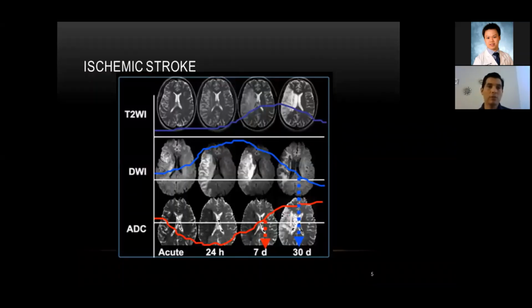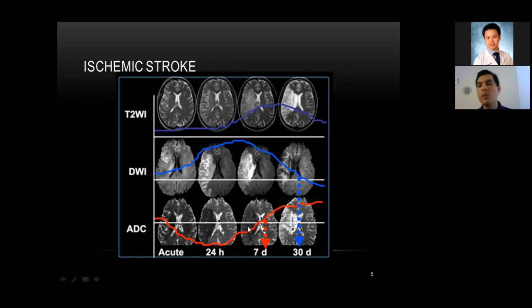In case of ischemic stroke, we have these dynamic changes according to the time. The ADC will be darkest at 24 hours or 2 days, and DWI will be brightest at 3 days, approximately.